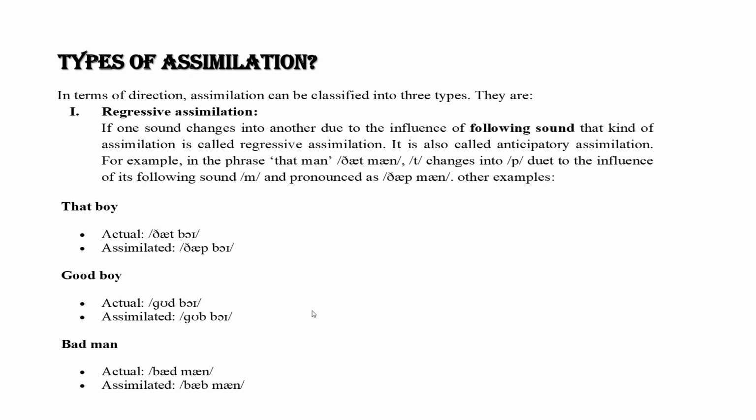That kind of assimilation is called regressive assimilation, and this regressive assimilation is also called anticipatory assimilation. For example, in the phrase "that man", in isolation that is pronounced "that man", and here the t sound of that changes into p, and in connected speech it is pronounced "thap man".